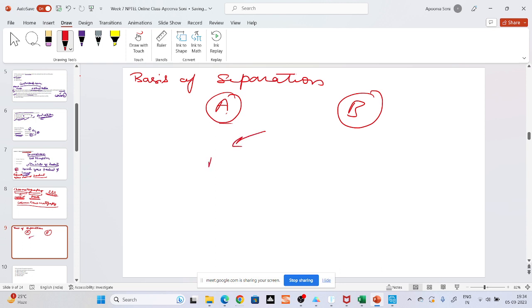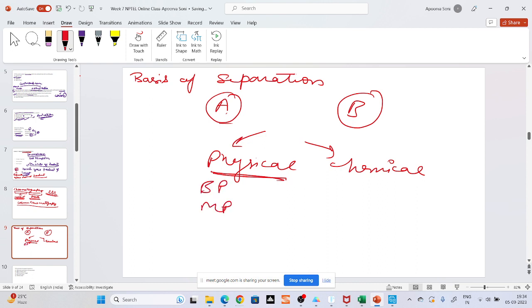They can have some physical properties and some chemical properties. Physical properties means they can have different boiling points, different melting points, different density, and many other properties.